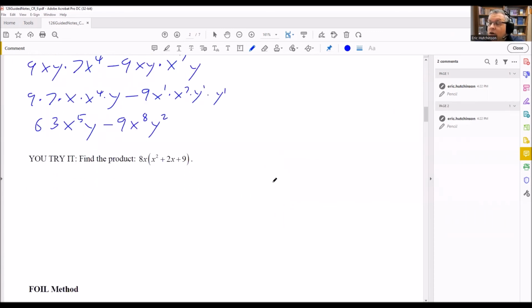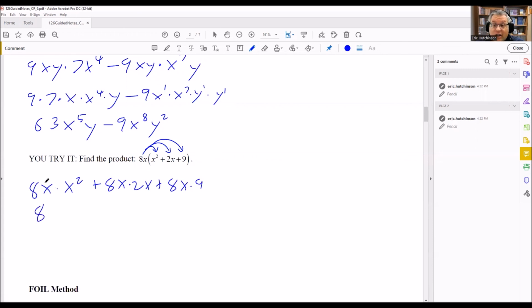Let's do one more. Multiply 8x. This is going to be a distributive property. We're going back to that again because you've got pluses in between. So you're taking 8x times all those. We're going to do 8x times x squared plus 8x times 2x plus 8x times 9.